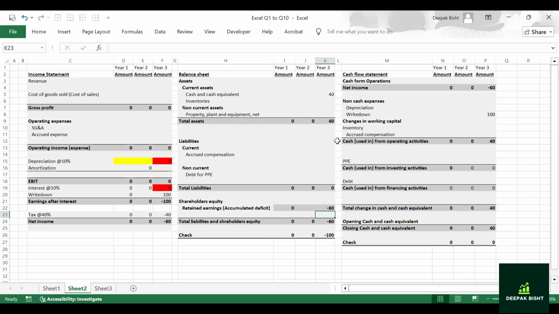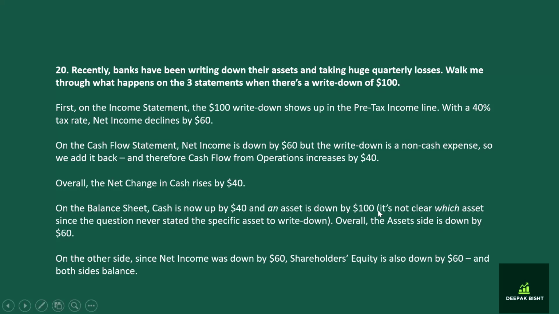So PP&E is down by $100. So this actually balances our balance sheet. Everything is matching now.